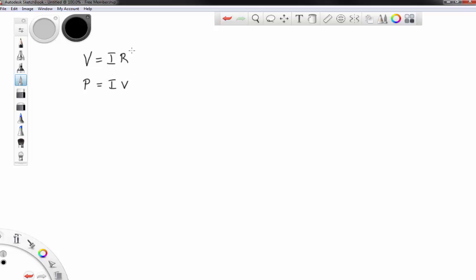So we want to figure out, how does power relate to resistance? One way is to solve this for I and plug in here. I times R is equal to V, so I is equal to V over R. Now P is equal to V over R times V, so that's V squared over R.